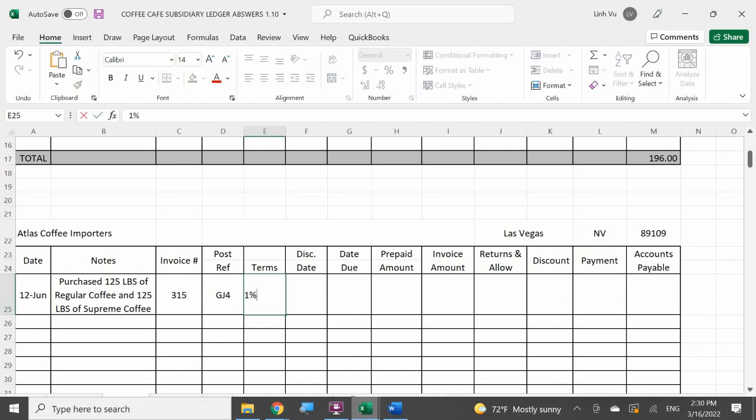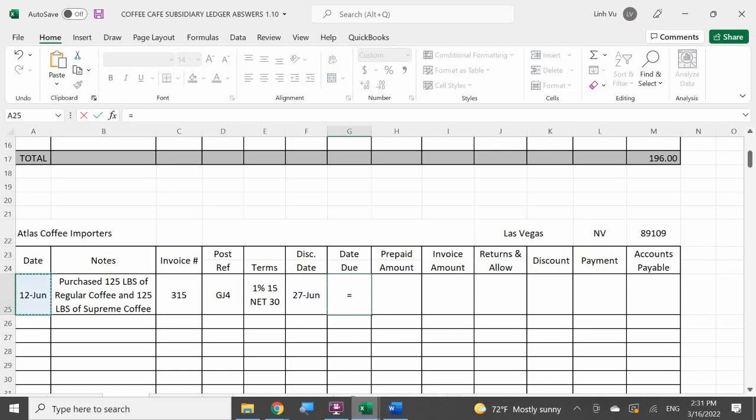And terms. Yes, we were given the opportunity to take advantage of a discount if we choose to do so. So in this case, what would be my discount due date? The 27th? 27th of June will be my discount due date.